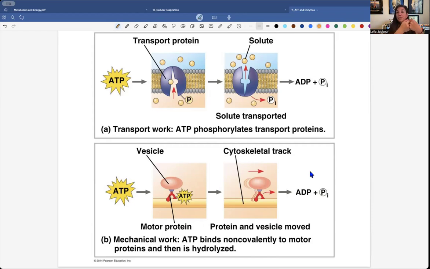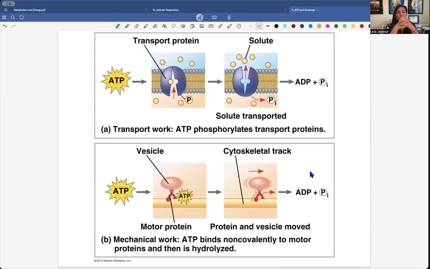So if the content is, for example, collagen, which normally resides outside of the cell, the vesicle is going to go all the way to the edge of the cell and spill the collagen outside of the cell. If it's meant to deliver a protein somewhere else in the cell, for example, back into the nucleus or wherever that molecule is supposed to go, the vesicle is going to go towards that space.